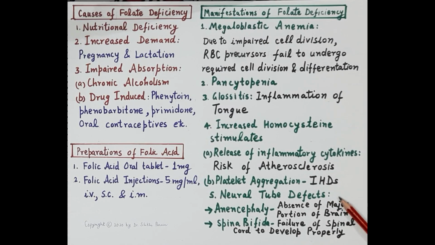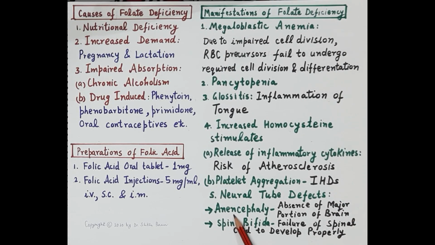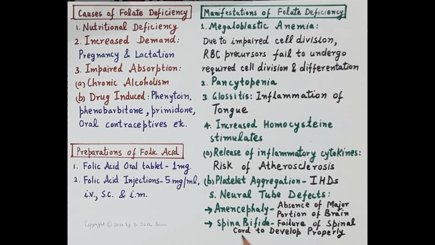Now, neural tube defects, we have already discussed that folic acid is required for the formation of the neural tube, and deficiency of folic acid can result in anencephaly, that is the absence of a major portion of the brain, or it can result in spina bifida, that is the failure of the spinal cord to develop properly.